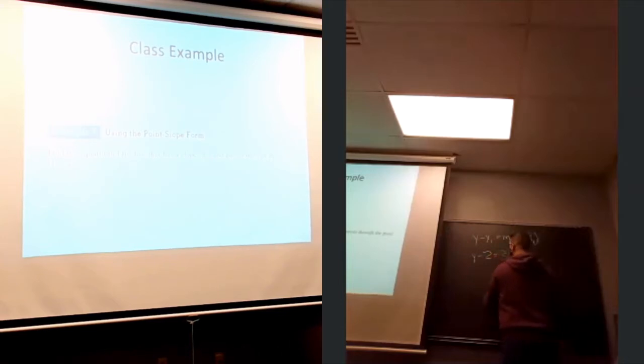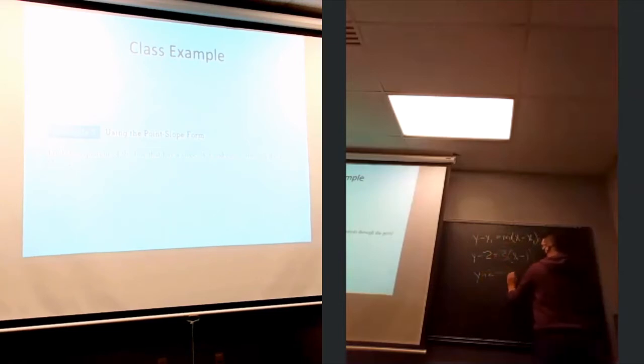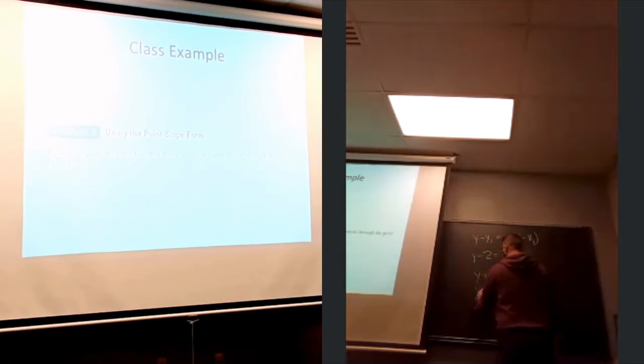So y plus 2 is equal to 3x minus 3. We're going to subtract 2 from both sides. And when we do, we're going to find that y is equal to 3x minus 5.